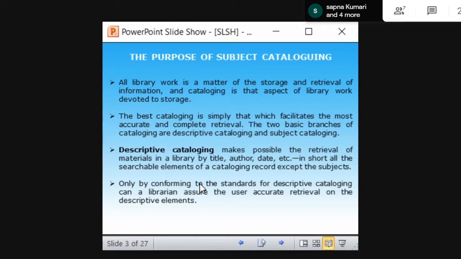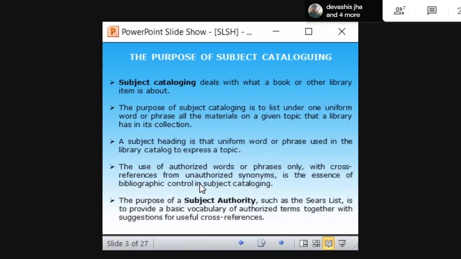We know that MARC, ISO, these are standards, right? Similarly, for descriptive cataloging also there are standards. So once you conform to those standards, you can facilitate effective retrieval for the users, right?